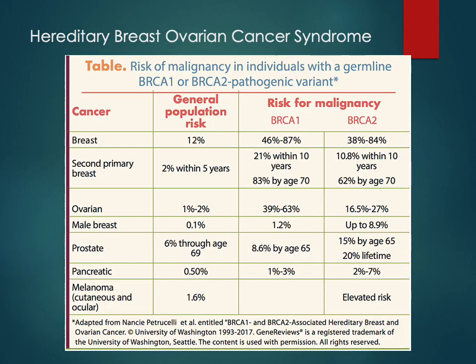Talking about BRCA, we all know that they are at increased risk of ovarian cancer as well. Higher risk for BRCA1, it's about 40% for BRCA1 and about 20% for BRCA2, if you just have to pick a number. And then BRCA2 obviously has other associated cancers, particularly melanomas and pancreatic cancers.